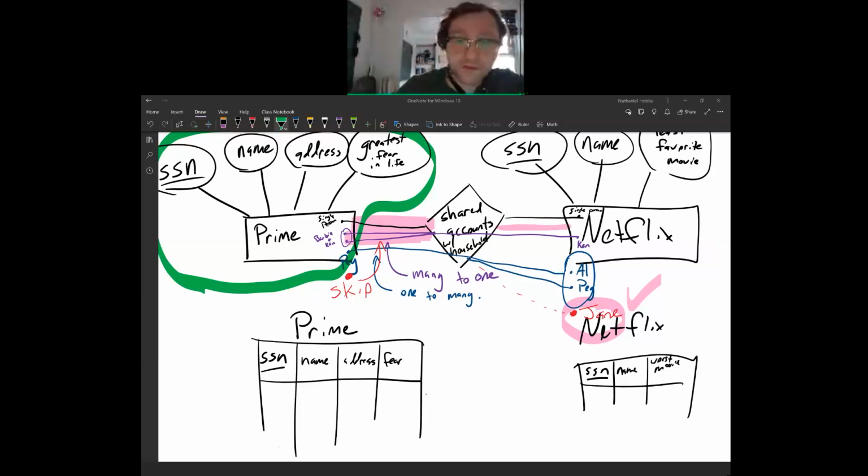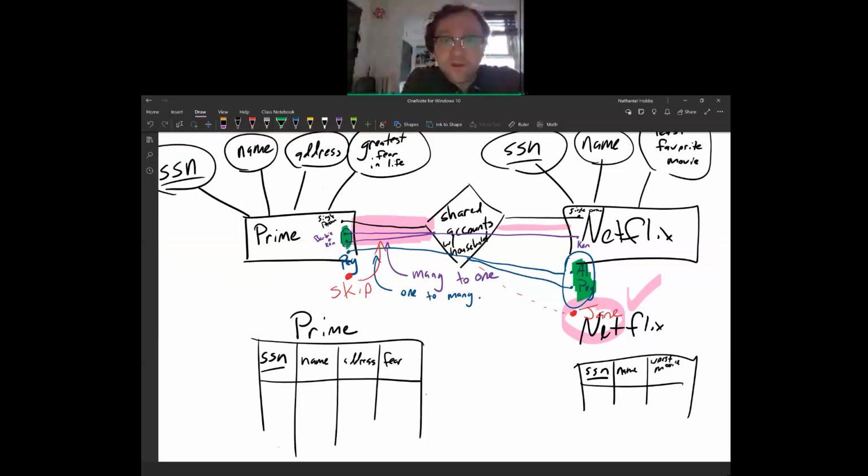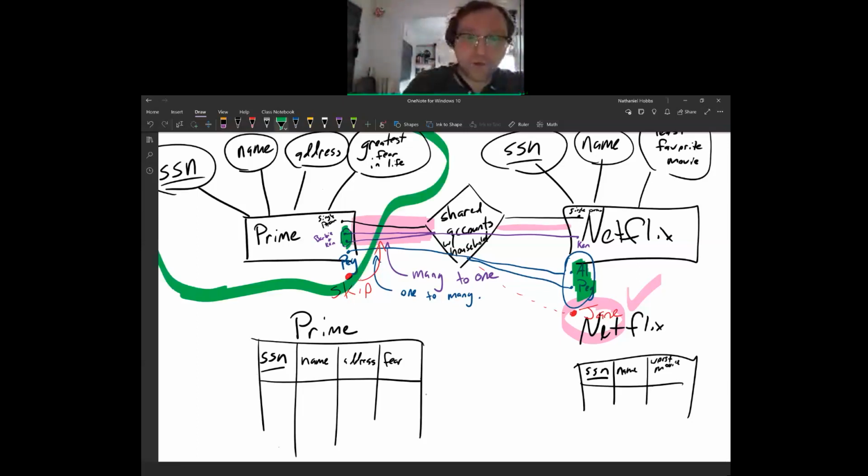Al and Peg, and Barbie and Ken. These count as one entity, correct? No. These are not entities. An entity is this whole thing.